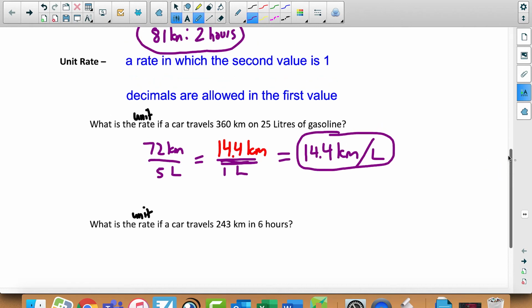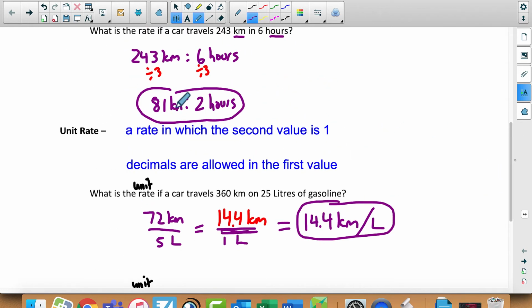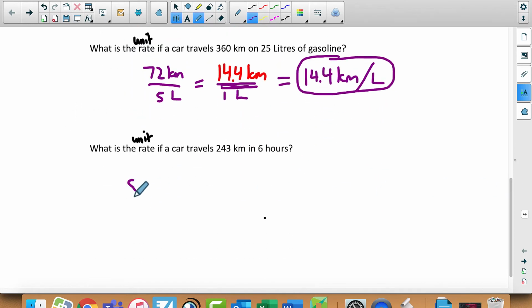Alright, let's try the second one again. We had gotten it down to 81 kilometers in 2 hours. The speed of the car was 81 kilometers in 2 hours. But again, we don't want it to be in 2 hours. We'd love it to be a unit rate and have that second number be 1 hour. So how do you do that? You take the first number and divide by the second.